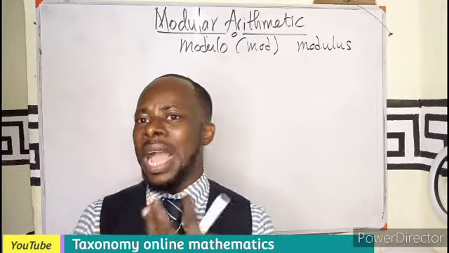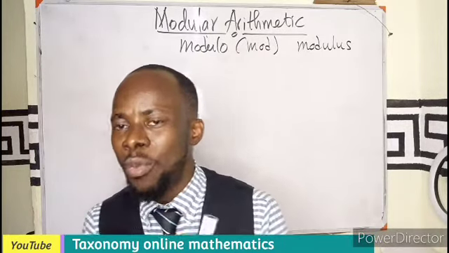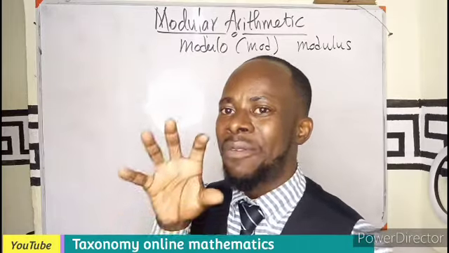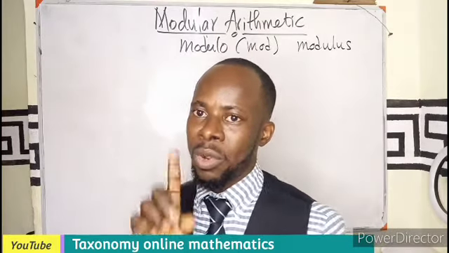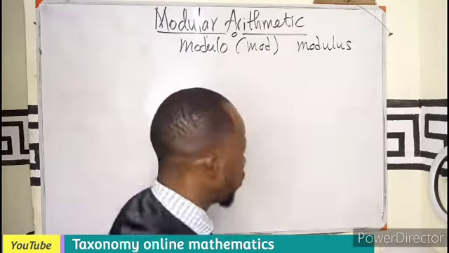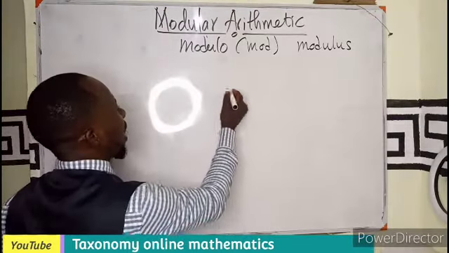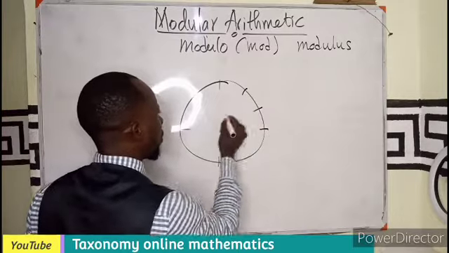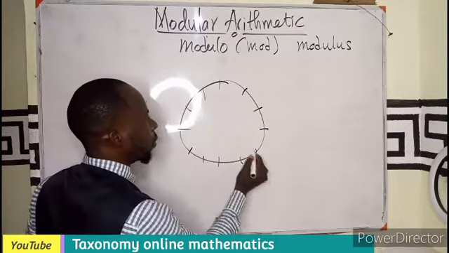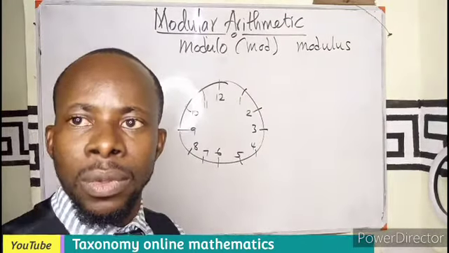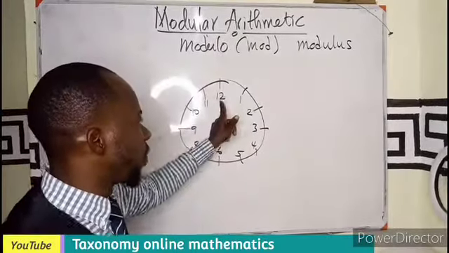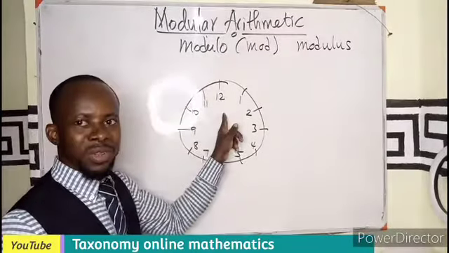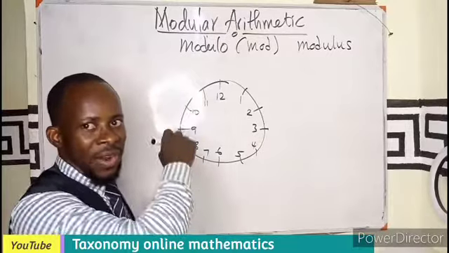Then the iconic symbol we can use for modulo will be the face of a clock. Not a digital clock, but an analog clock, which we all know has this inscription all over. We have the inscription from 12 back to 12 in the clockwise direction, in the direction of a clock.